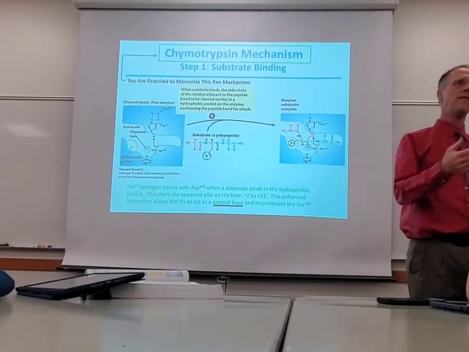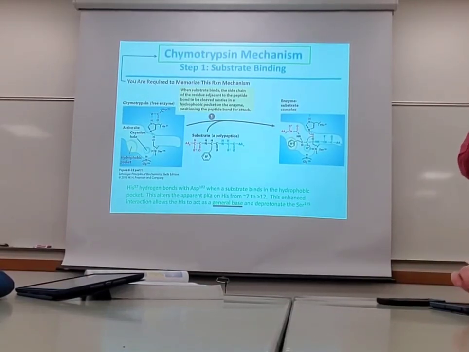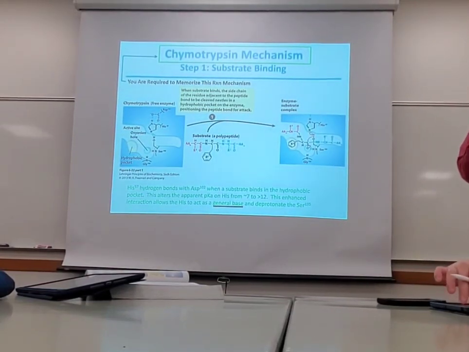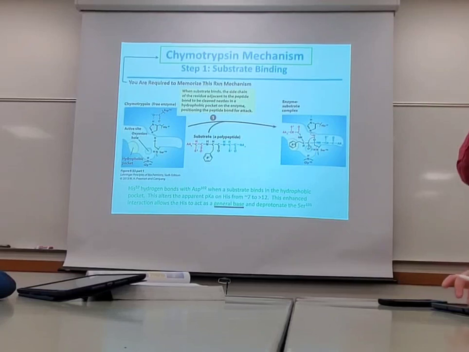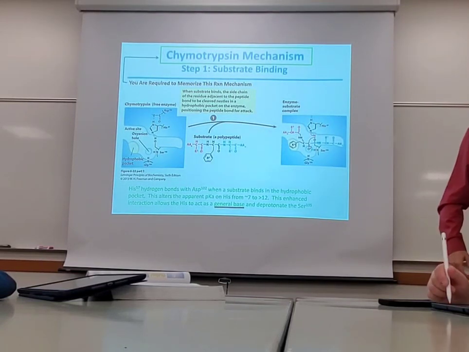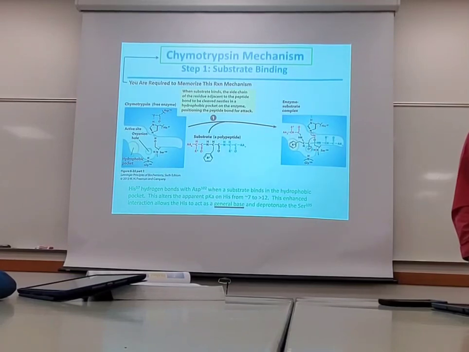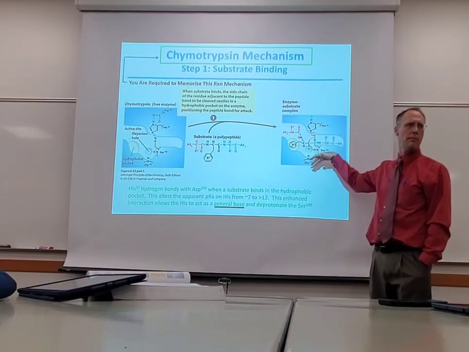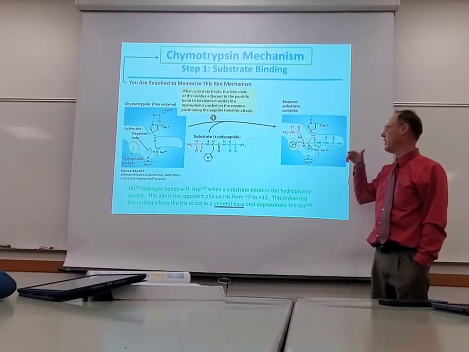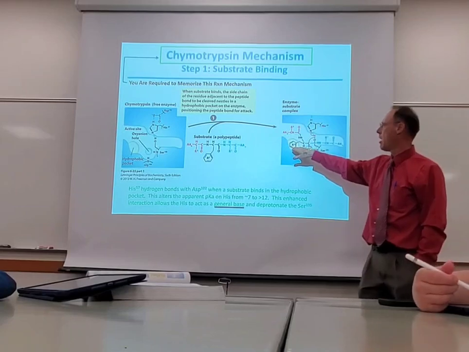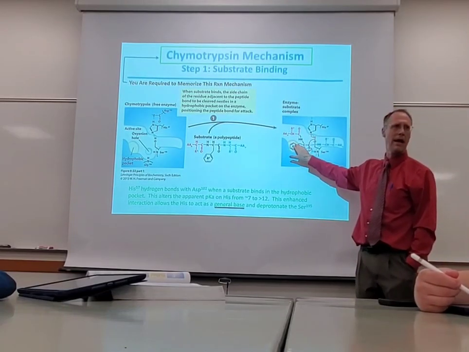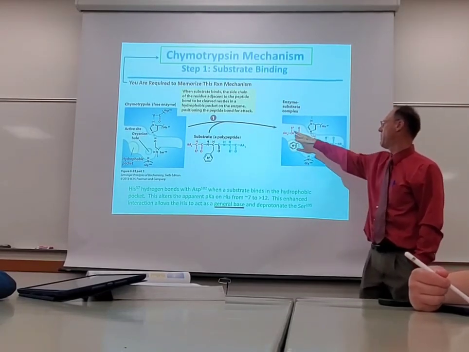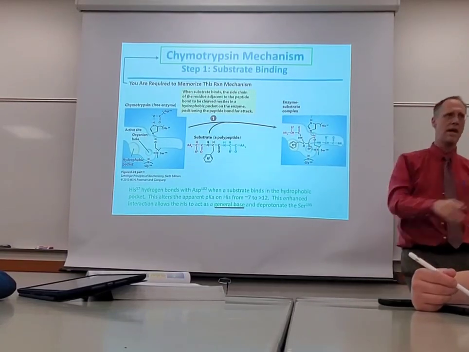You didn't learn any pKa values for serine 195 because it had to be greater than 12, which we considered irrelevant, but now if it's greater than 12, we can deprotonate it. So is this an acid-base type reaction? Yeah, definitely. There's our hydrophobic aromatic right here, and here's the peptide backbone we're going to attack.